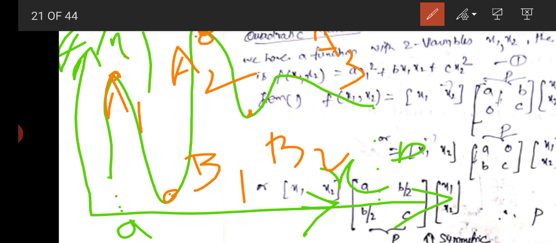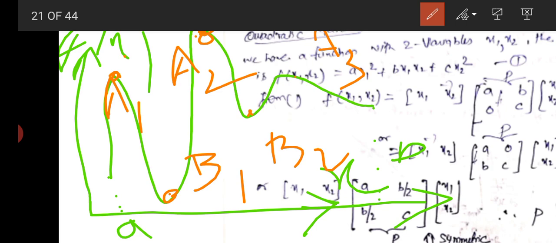But what about the global maxima or global minima? You can easily visualize it. A2 is the global maximum, however, B1 is the global minimum. This is the concept by which you can understand the meaning of global maxima or global minima.